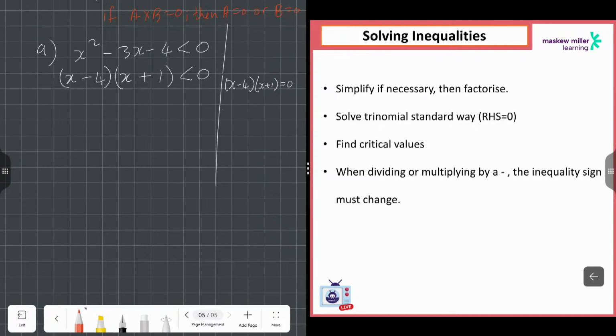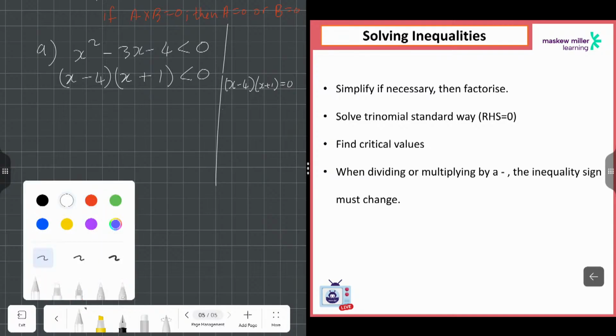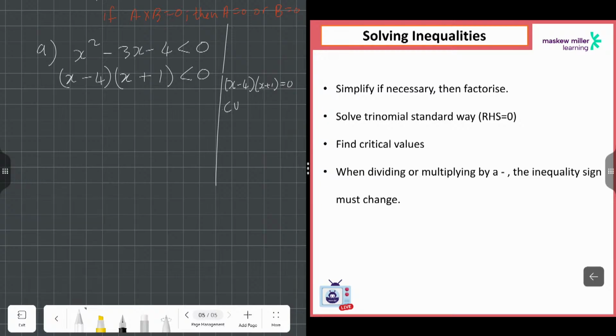So here we have x minus 4 equal to 0, or x plus 1 equals 0. So my critical values will be given by, if I have x minus 4 equals 0, I must just carry the 4 over. So then x will be equal to 4, right? And then my other critical value will just be negative 1, okay?